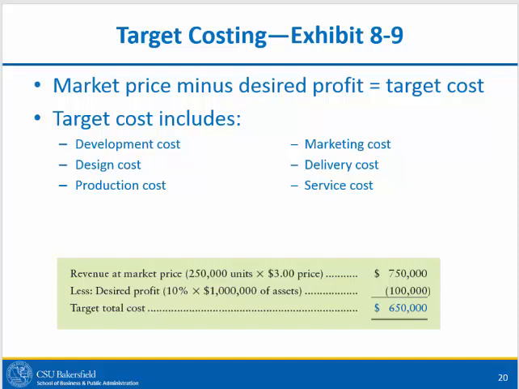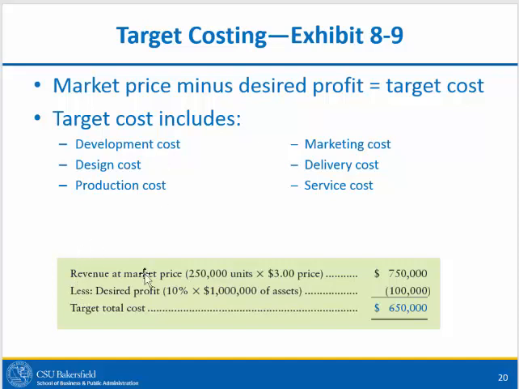Now when you come to manufacturing and merchandising, the question is, are you able to control your cost below that? Target cost includes many things: manufacturing and even operating expenses such as marketing, delivery, service, design, production, and development costs. Practically, we're looking at all the costs.